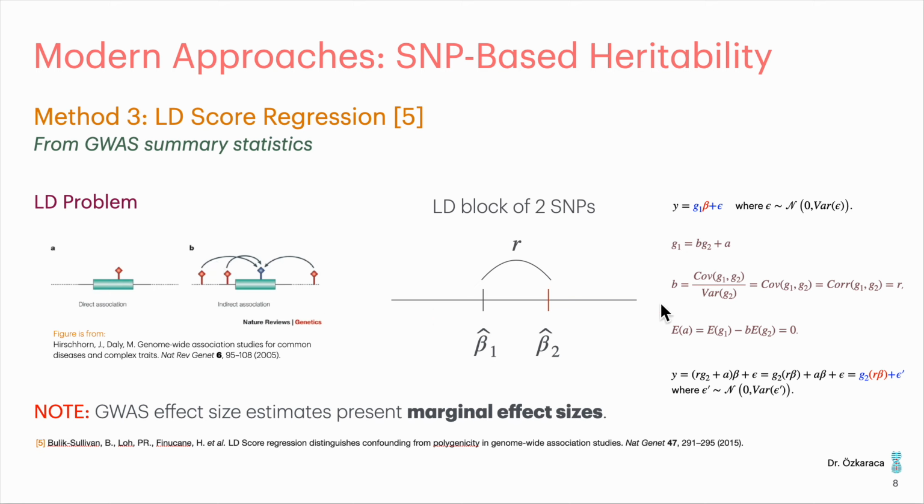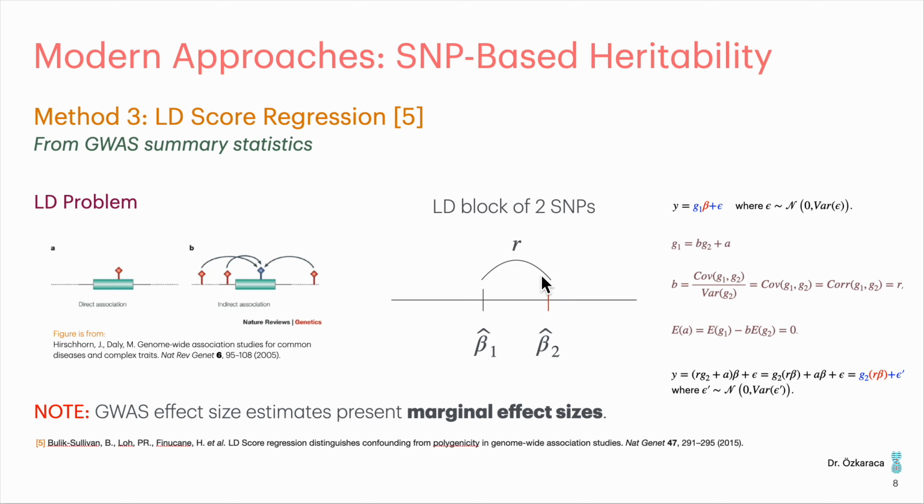For instance, imagine we have an LD block consisting of two SNPs only. Let's say SNP1 has a direct association with the trait, with an estimated GWAS effect size of beta 1 hat. And SNP2 is correlated with SNP1 through an LD value of r.